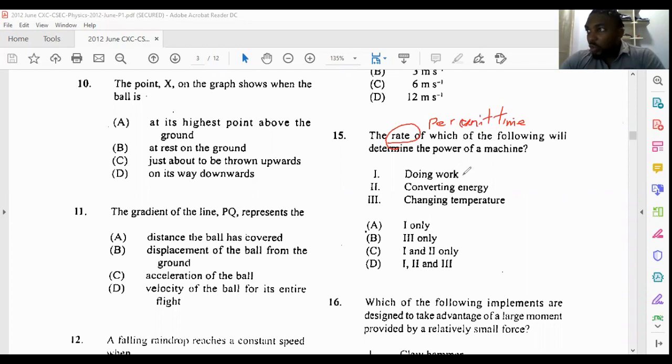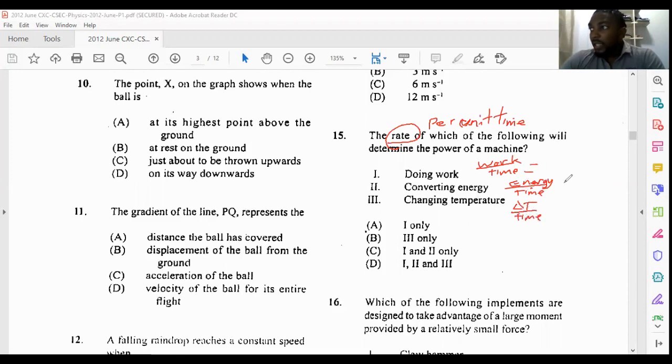So it says doing work. So it's a case where you're saying work divided by time. Converting energy, it means energy converting divided by time. And then here we have change in temperature, delta T, divided by time.